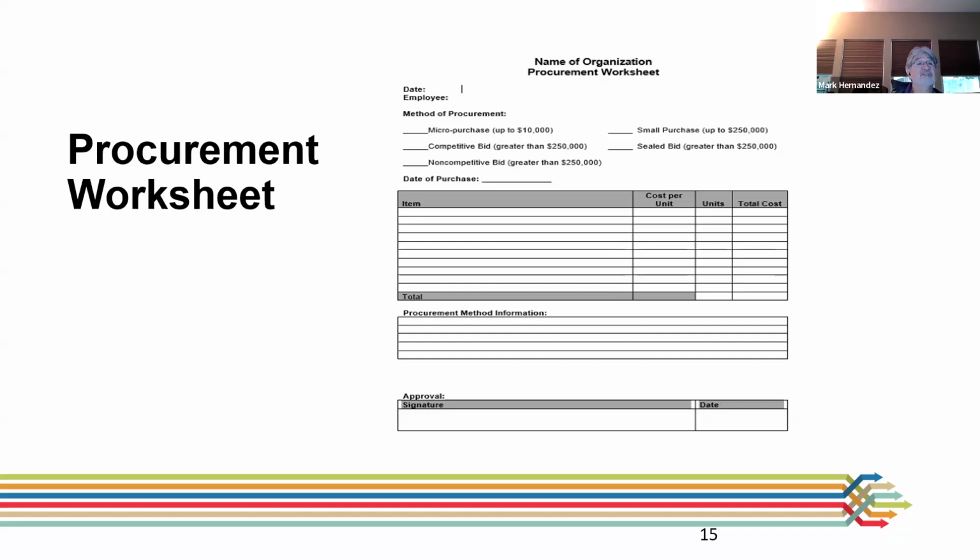The federal government wants you to use different vendors if you can. Now, in some areas, let's say the Panhandle, you may not have that many vendors to do that. So you may want to put in there, we used Office Depot for this, and we plan to use Staples or something else like that.